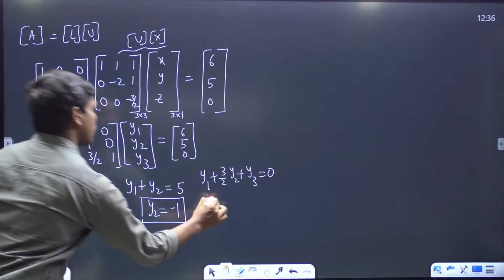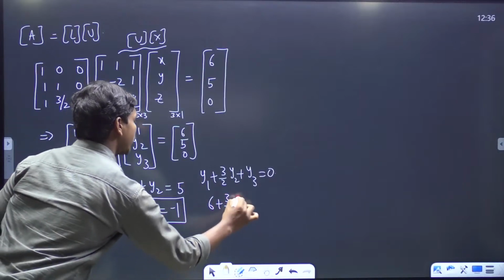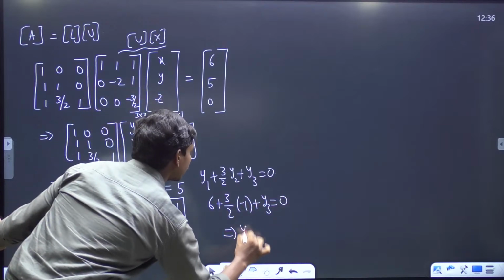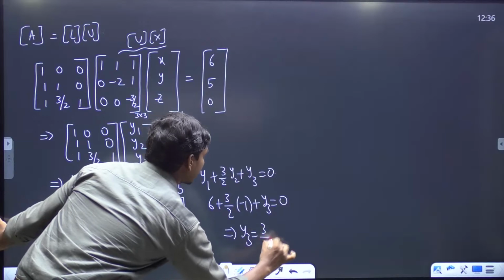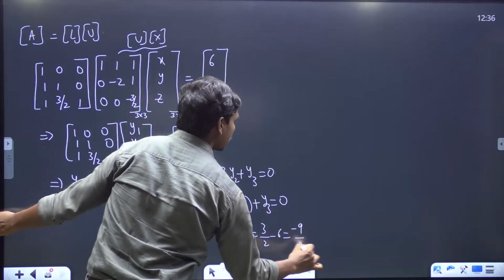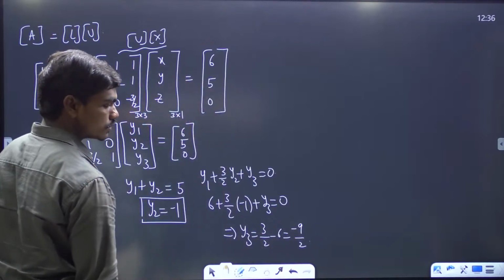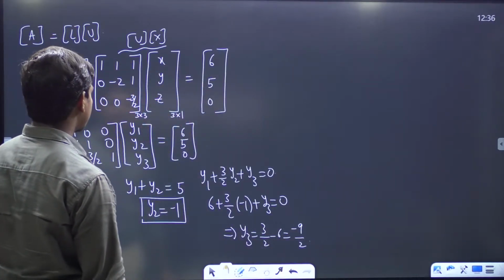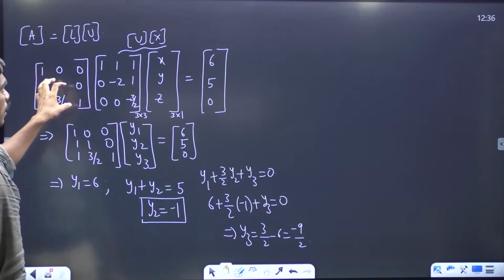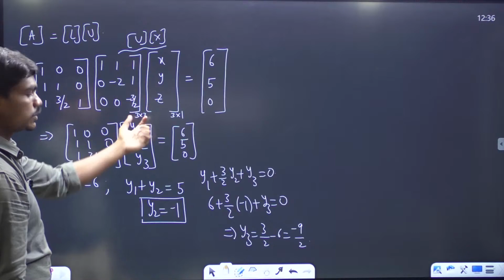So Y1 plus 3 by 2 into minus 1 plus Y3 is equal to 0. So Y3 is equal to 3 by 2 minus 6, which is 3 minus 12, minus 9 divided by 2. So Y3 is equal to, yes, this is L, and U into X is Y.